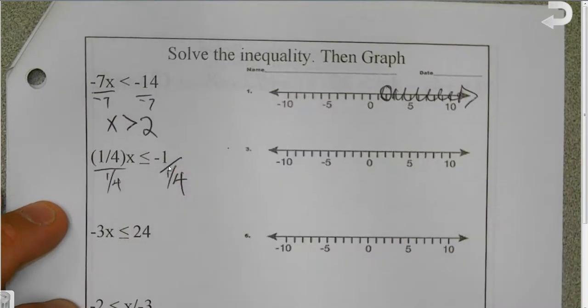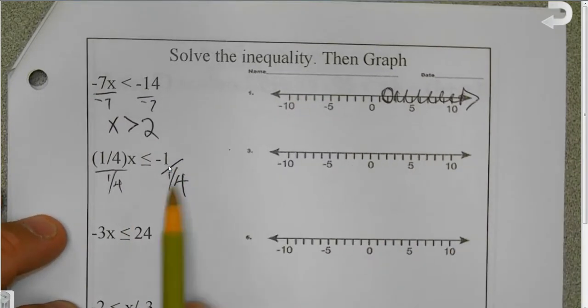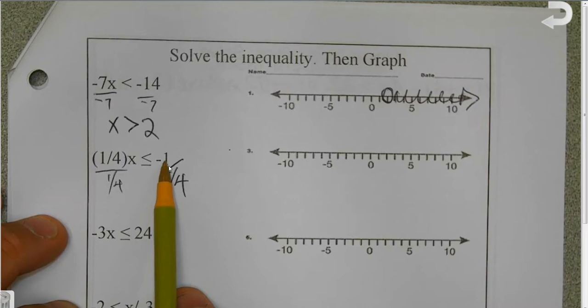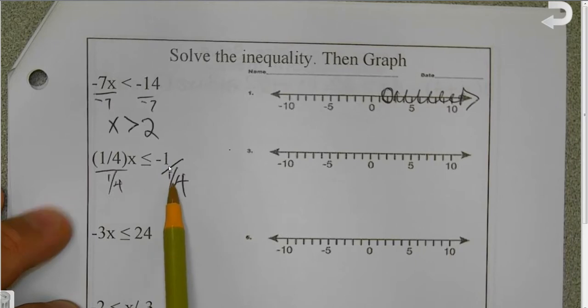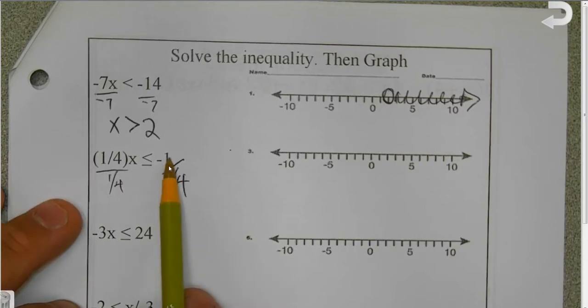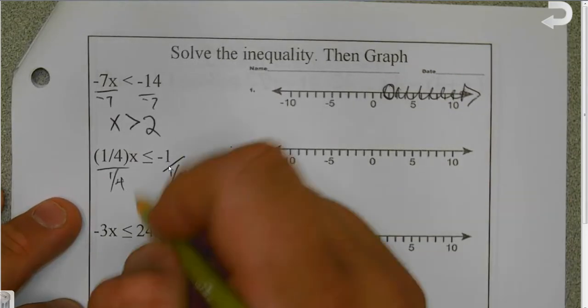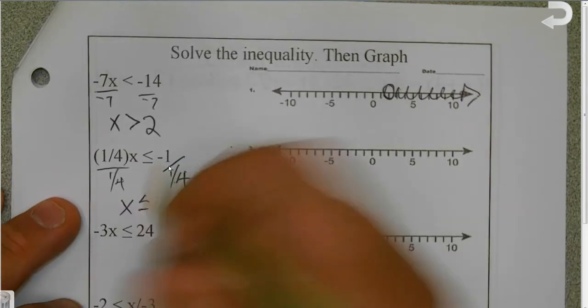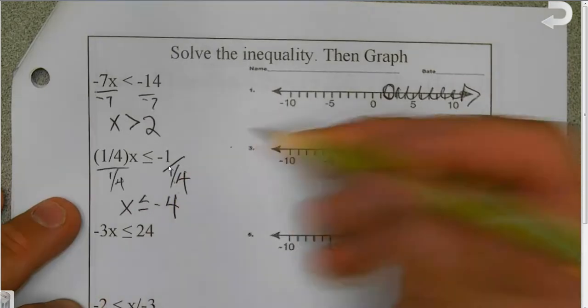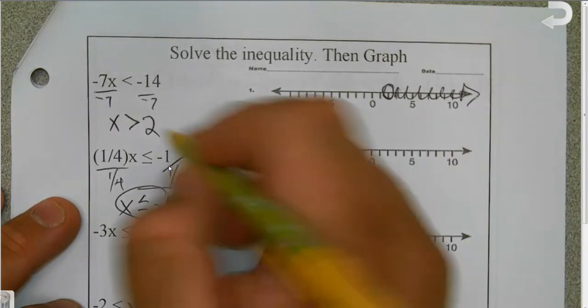The number one mistake that is made is everybody sees this -1 and assumes they have to flip the sign. Remember, it's when you divide or multiply by a negative, not when there's a negative already there. So this ends up being x is less than or equal to -4. The sign stays the same.